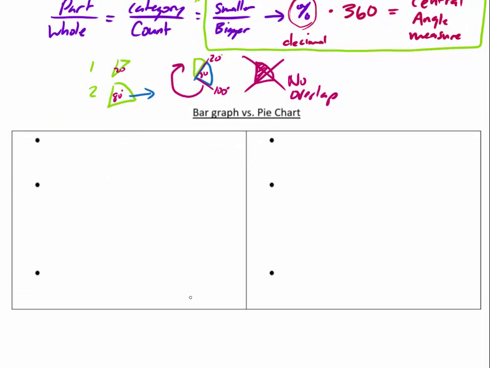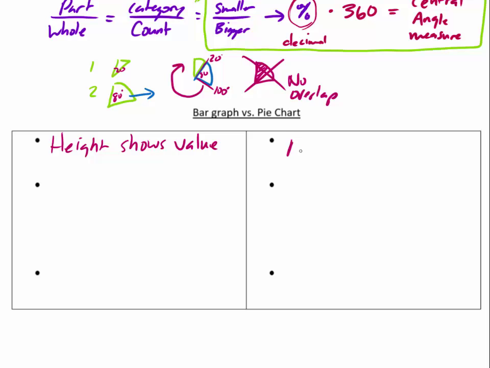So there are some obvious benefits and differences between bar graphs and pie charts, and this is the last thing that we're going to cover today. In a bar graph, the height shows the value. The higher the bar, the higher the percentage. We saw that with the education and with the seatbelts.